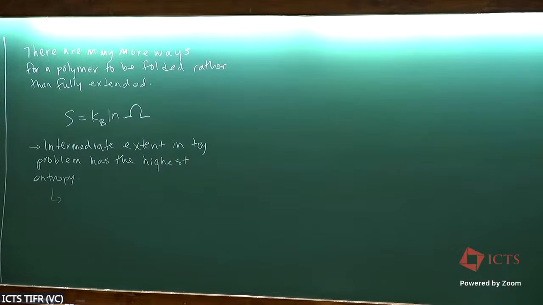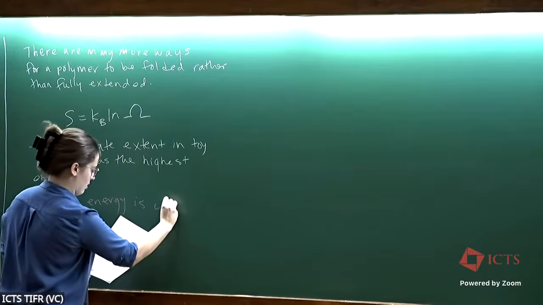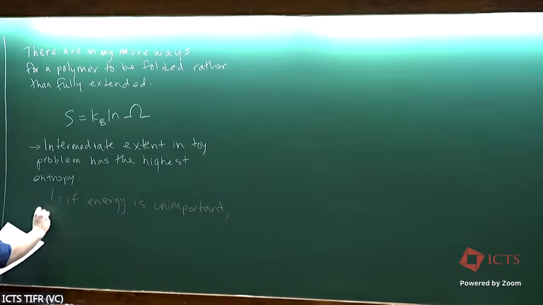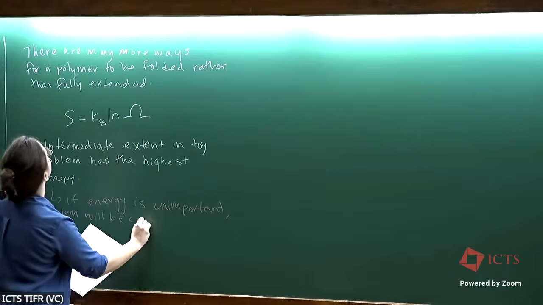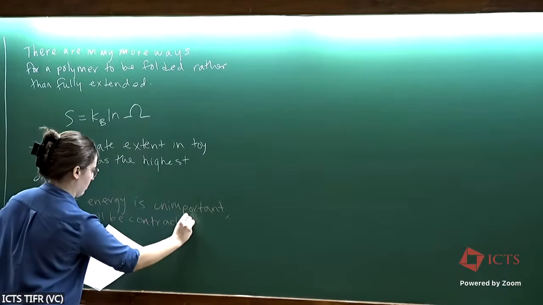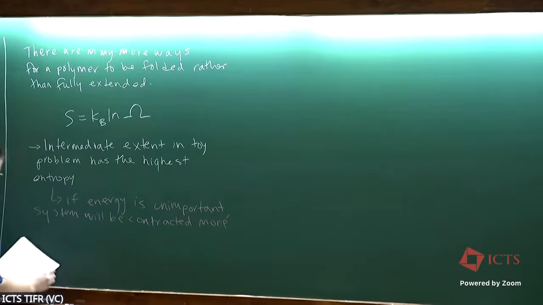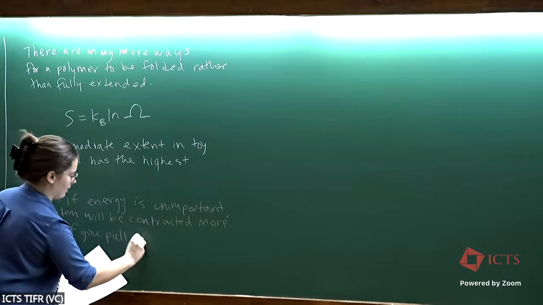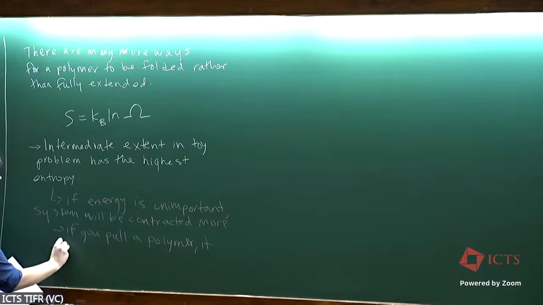And so if energy is unimportant, the system will be contracted more than it will be straight. And if you pull a polymer, it will retract.